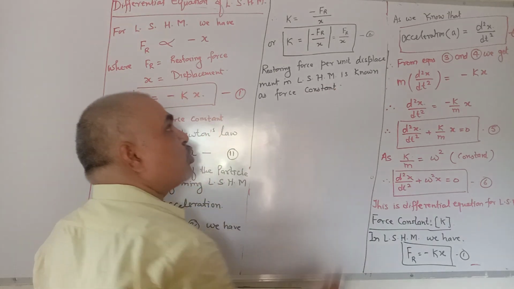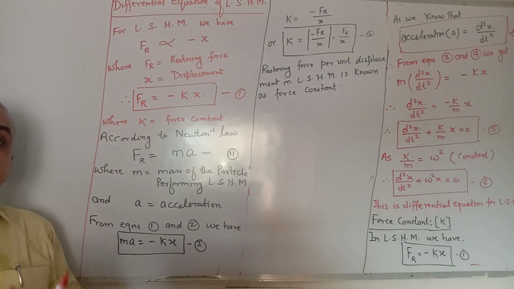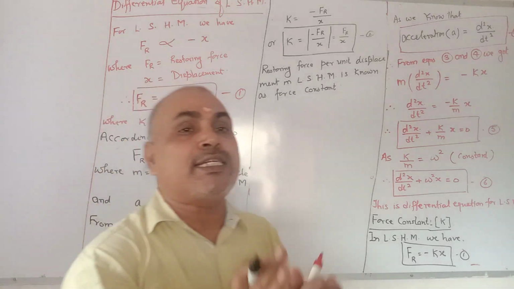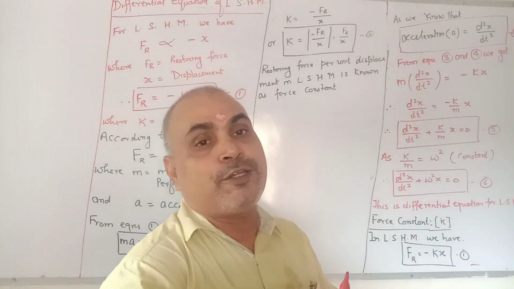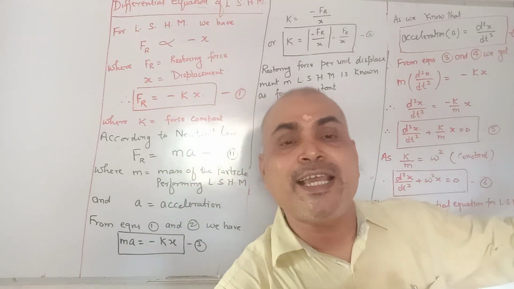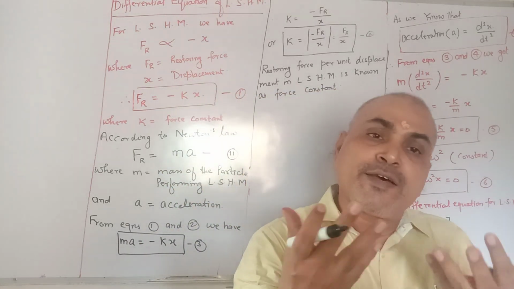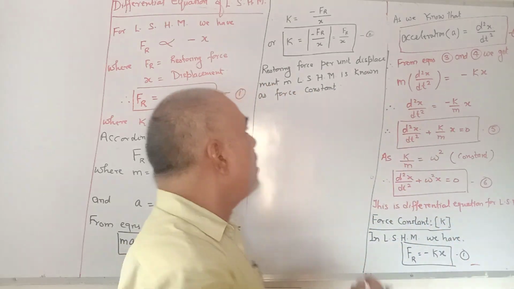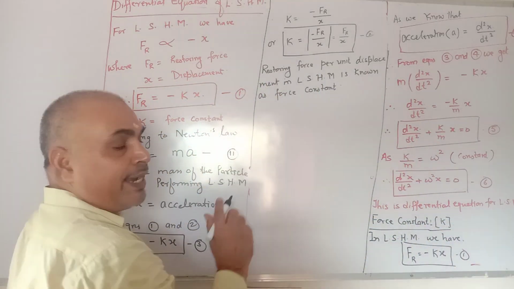The definition of force constant is, it is the restoring force acting per unit displacement. Means after moving 1 meter displacement, what is the force acting on the particle? That is called force constant.